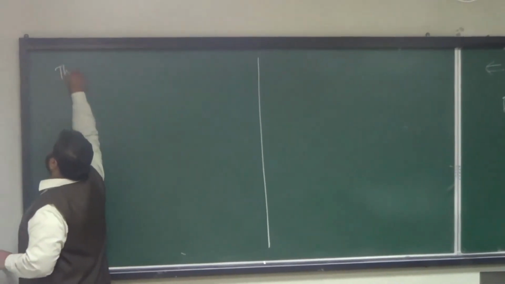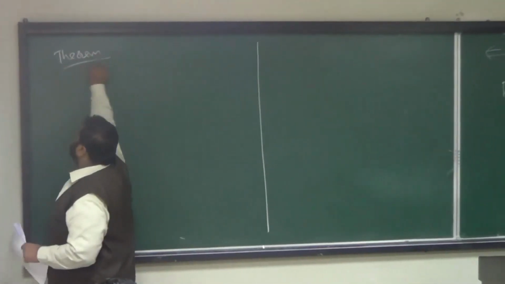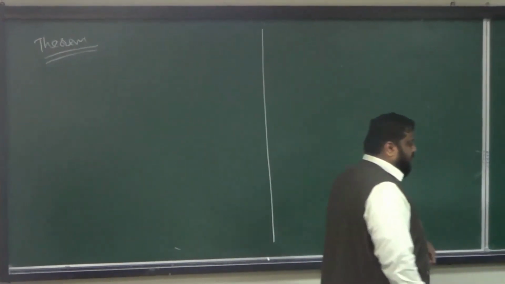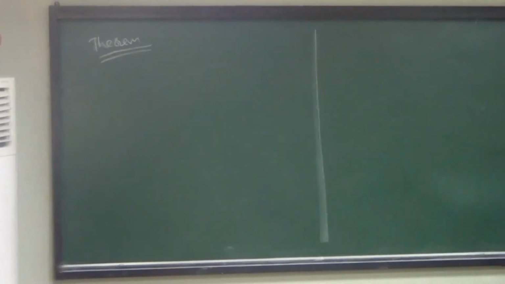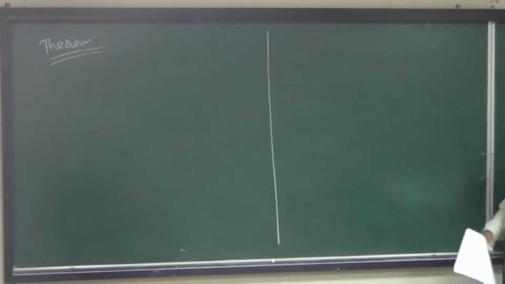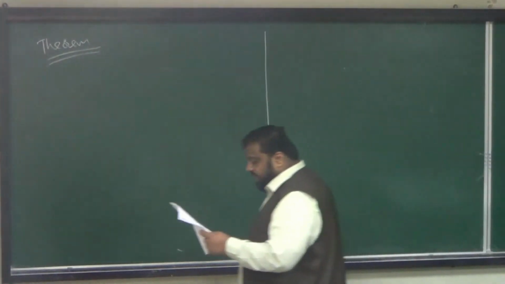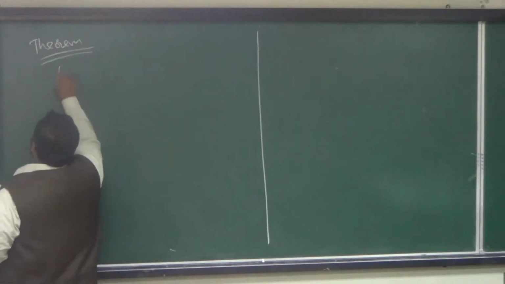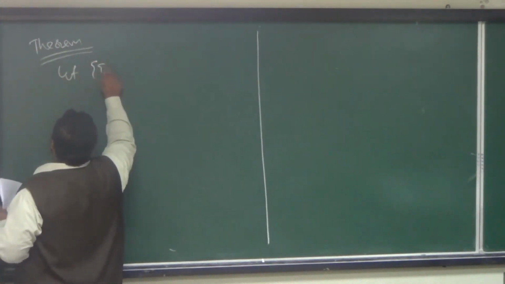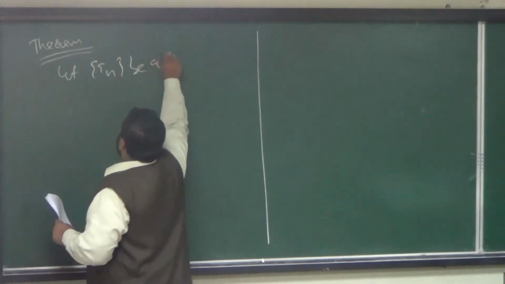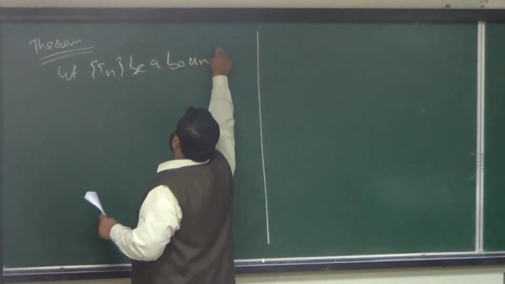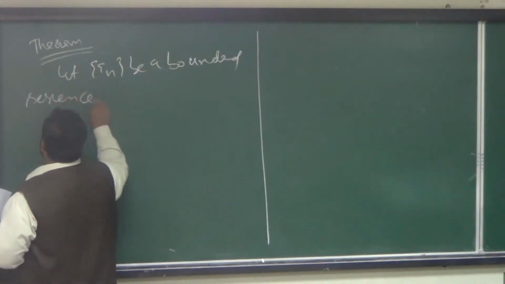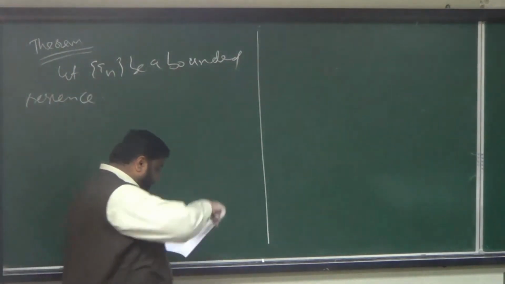But you will also find a generalization of this result basically in Rudin, in the sense of relationship. But our argument is going to be essentially the same. So the result is this. So let AN be a bounded sequence. So it's a bounded sequence. Okay.